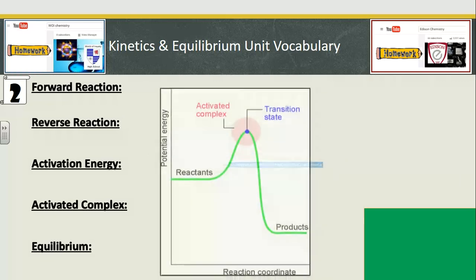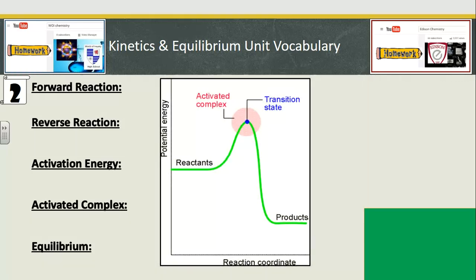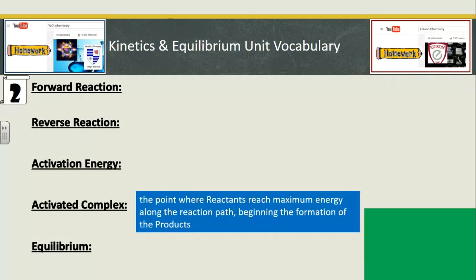The activated complex is that moment at the top of the potential energy diagram where all the atoms involved are in flux. They're changing from the reactants into the products, and so we call it a complex because it's a complex scenario. It begins the formation of the products. There's your definition. You can write that down.